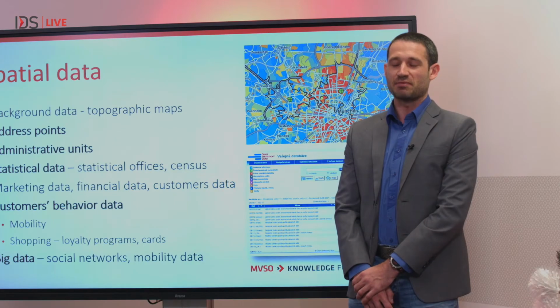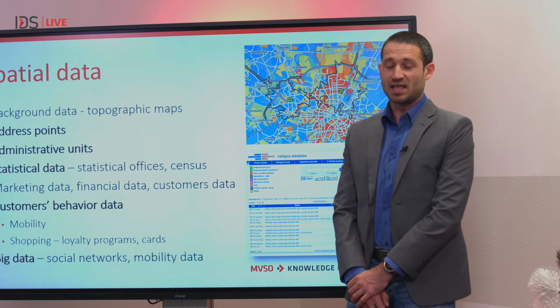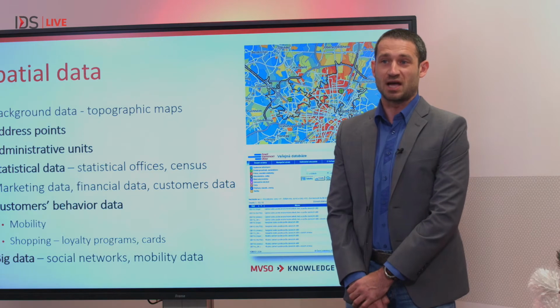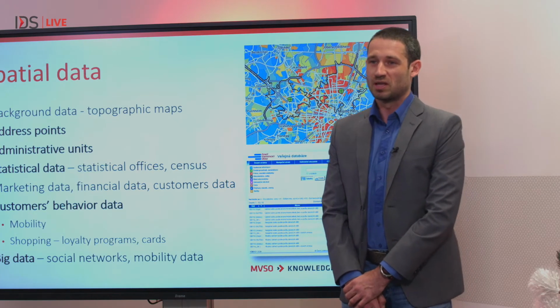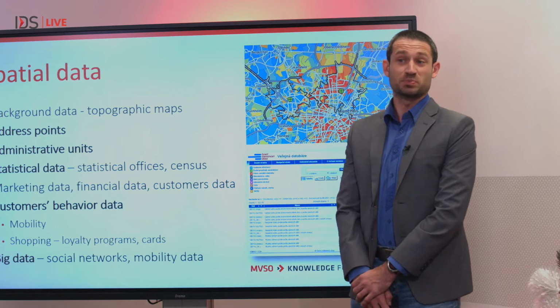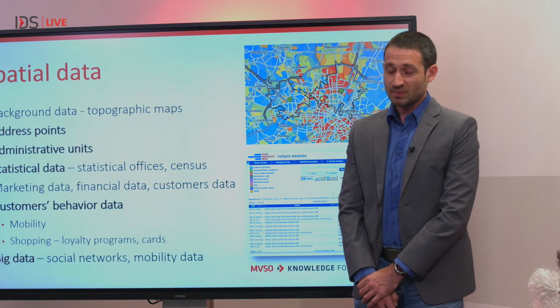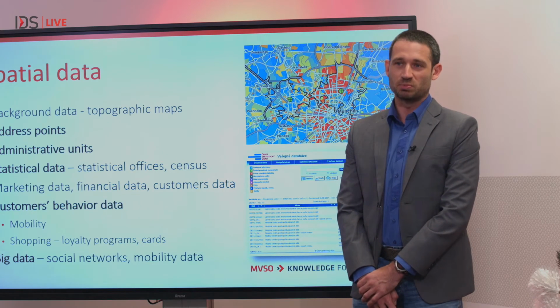And then we have a huge set of data, like statistical data, that helps us to know who our customers are. This was mentioned in a previous presentation by Nico. During his presentation, he mentioned a lot of stuff related to this issue. Another thing is how people behave, how people move.